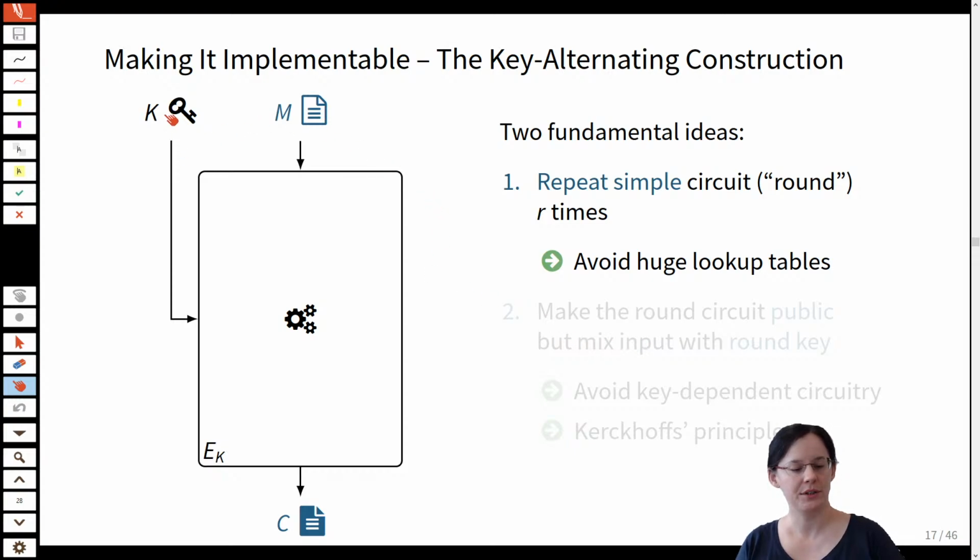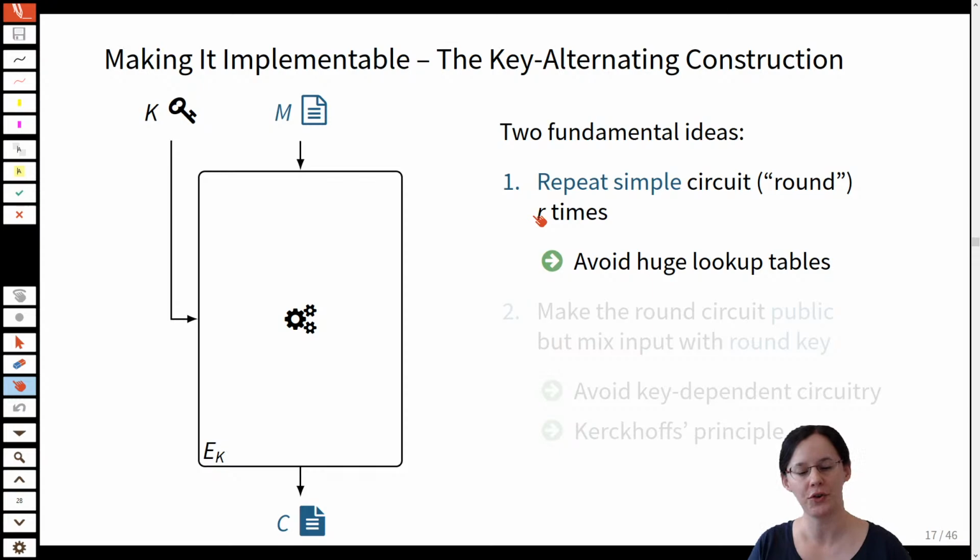So which steps can we take to make this block cipher implementable? Here you see a big view of a block cipher. The message block goes in, the ciphertext block comes out, and the key configures the whole thing. Now there are two important simplification steps that make this implementable. The first one is that instead of having one big circuit that encrypts the message, we want a simple circuit.